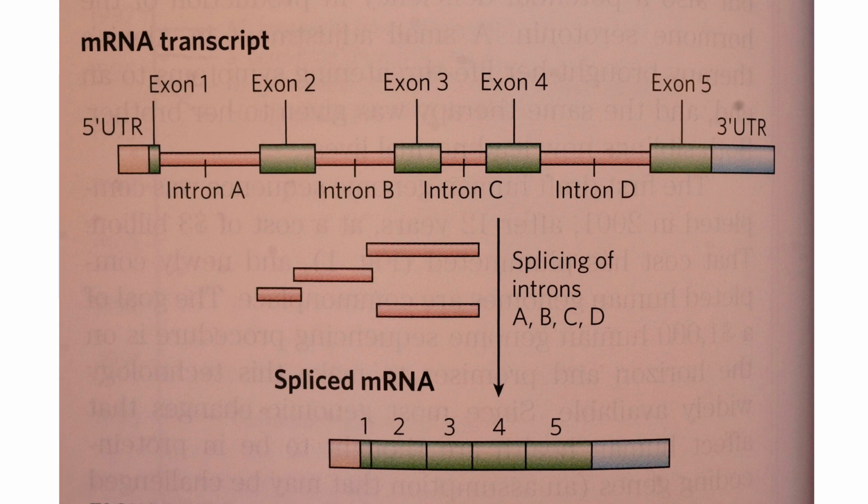So when we talk about these messenger RNA transcripts, we again have the 5' and the 3' areas with introns and exons, non-transcribed and transcribed areas that are produced.